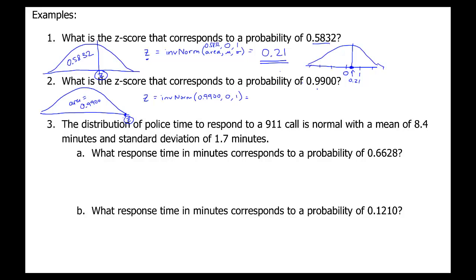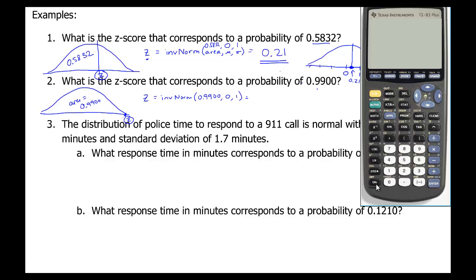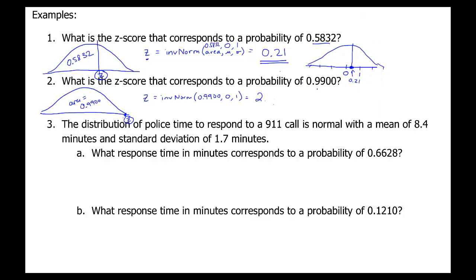And we can just plug that into the inverse normal function. So the area first, mean, and standard deviation, and we get 2.33. Remember, for z-scores we're using 2 digits after the decimal, so we're going to round that last one, so we get 2.33 for a z-score.